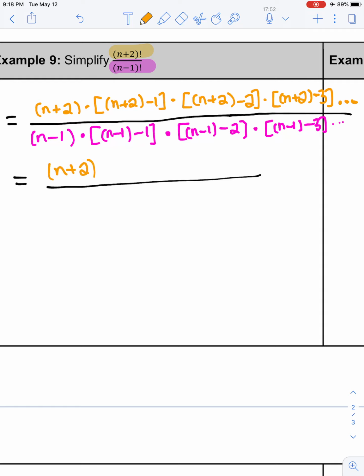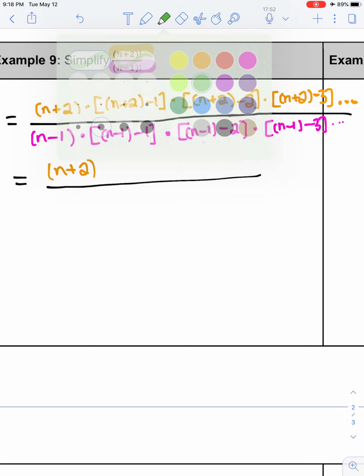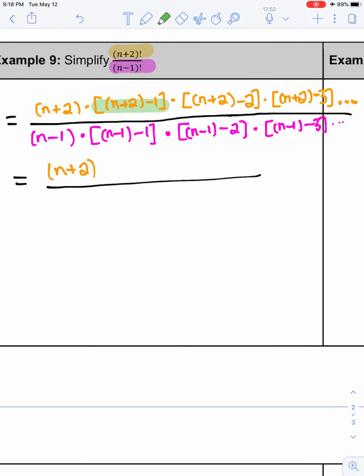That next factor, n plus 2 and then minus 1, I can clean up and simplify to n plus 1. Next I have n plus 2 and then minus 2, which I could write as n plus 0, or I could just say that that is n. And finally in the numerator, I have n plus 2 and then minus 3, so that will be the quantity n minus 1.